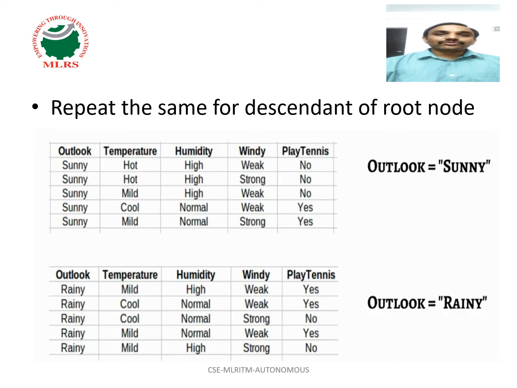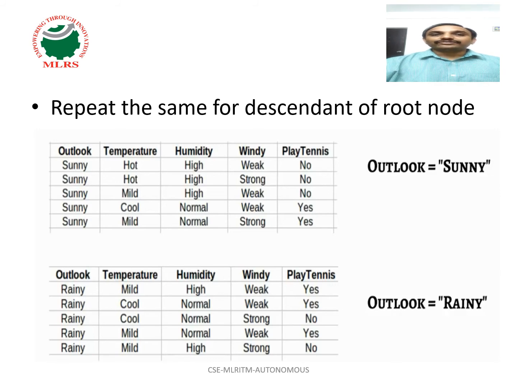The root node contains 3 values: sunny, overcast and rainy. Already we have taken overcast as the leaf, so we have to continue our process only with sunny and rainy values. So here the total data is divided into two parts.